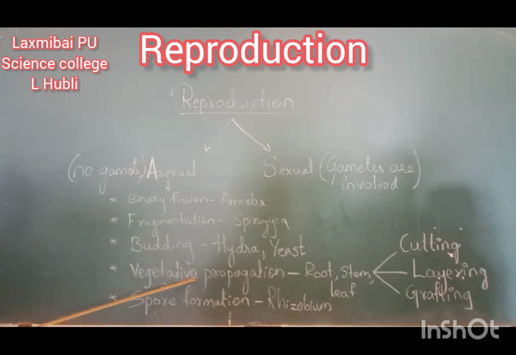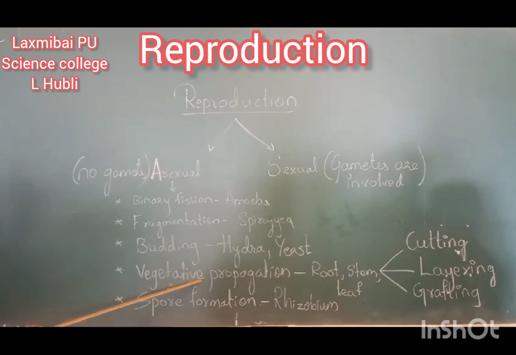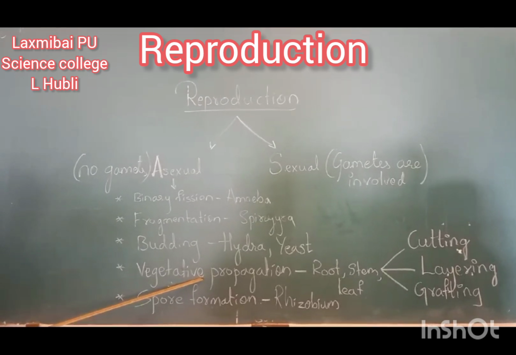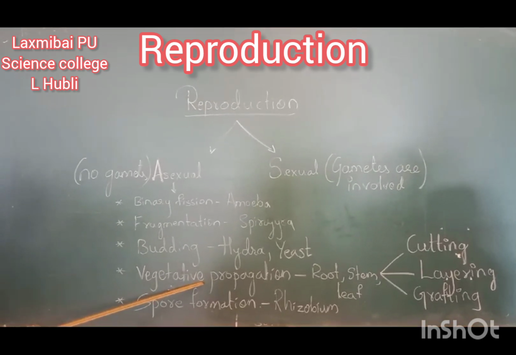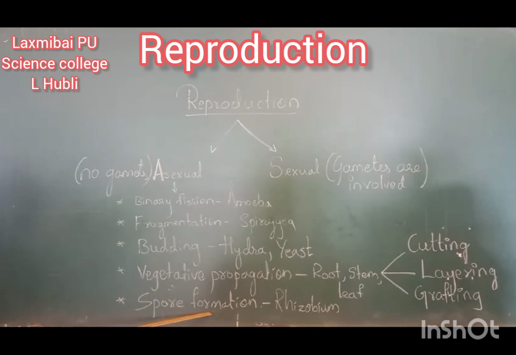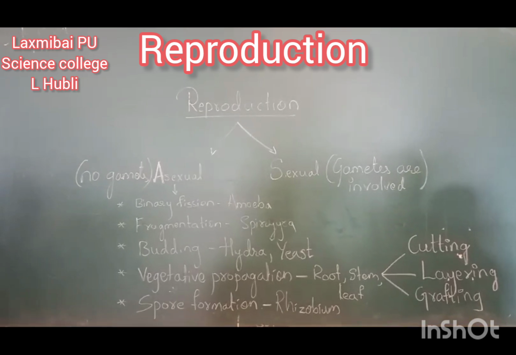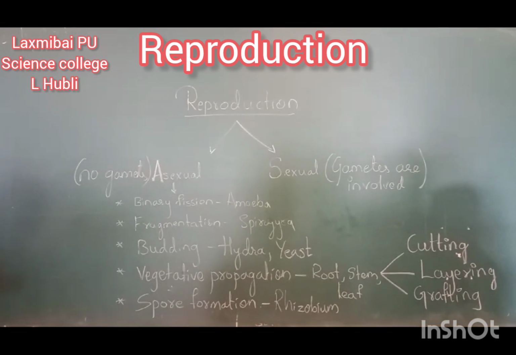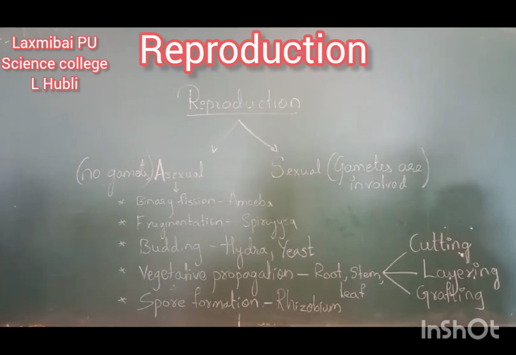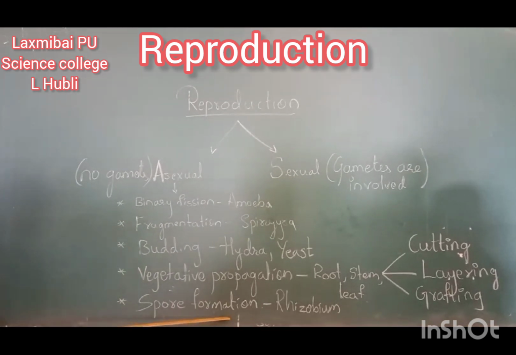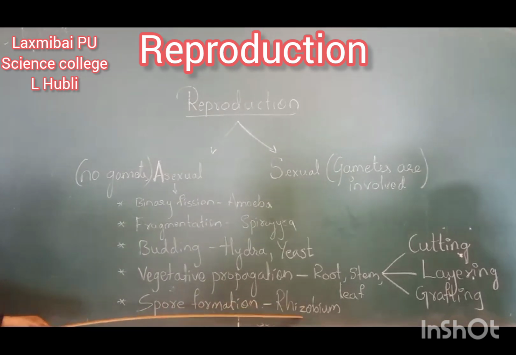When you cut the part of a plant and grow it in the soil, it will grow into a new individual. Example is your bryophyllum. You can take the example of rose plant also, any example. Lastly, we have spore formation, where spores are formed on the bread mold. Breads you can see, right. On that greyish powdery substance what you find is nothing but spore formation, that is nothing but your rhizome.